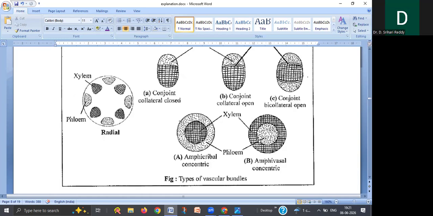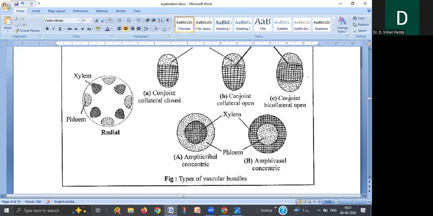And now we come to concentric vascular bundles. The question is related to Dracaena and Yucca, which belong to the Liliaceae family of monocots. And here we can find concentric vascular bundles. What is a concentric vascular bundle?